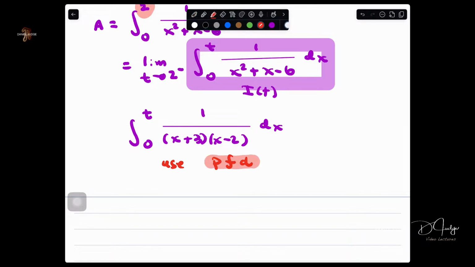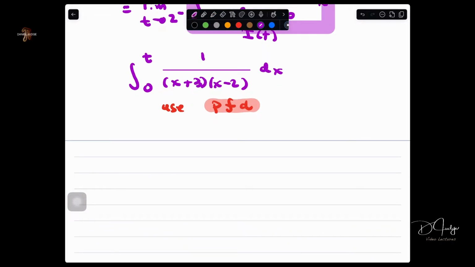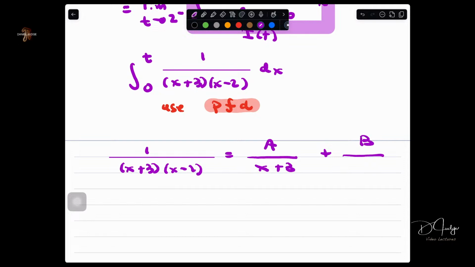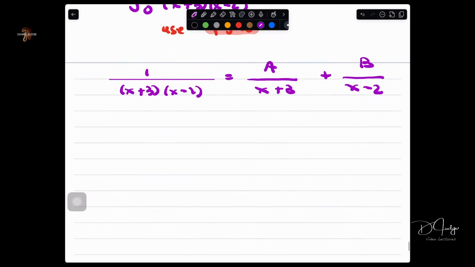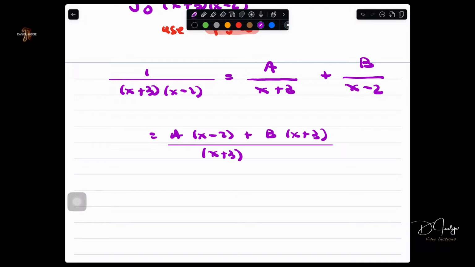So a partial fraction decomposition question here, really an integral. So we're going to write this down as 1 over x plus 3 times x minus 2 equals a over x plus 3 plus b over x minus 2. We get a times x minus 2 plus b times x plus 3, over x plus 3 times x minus 2.